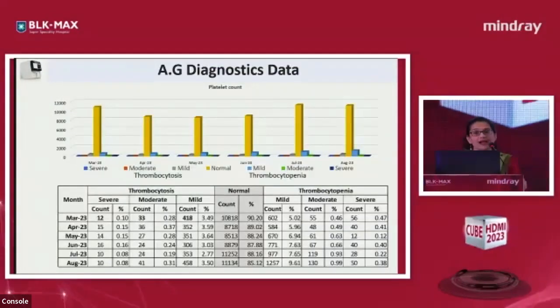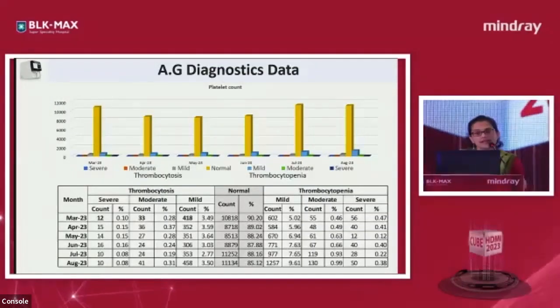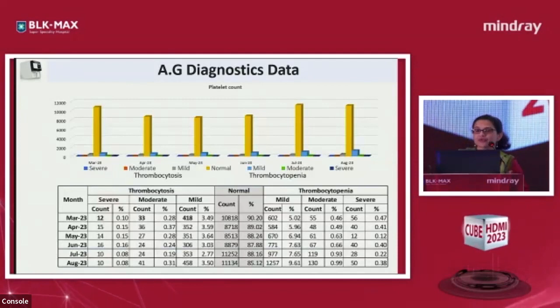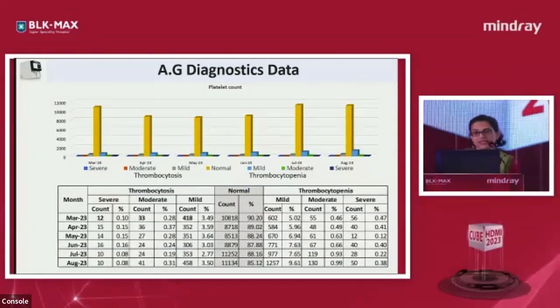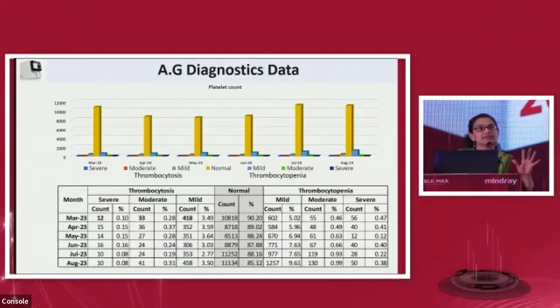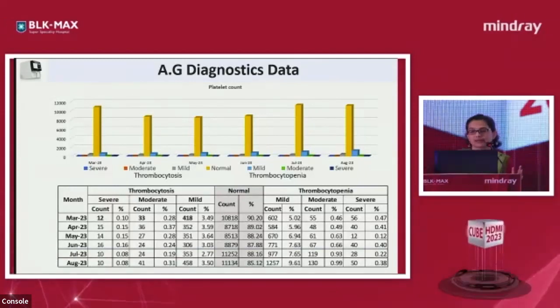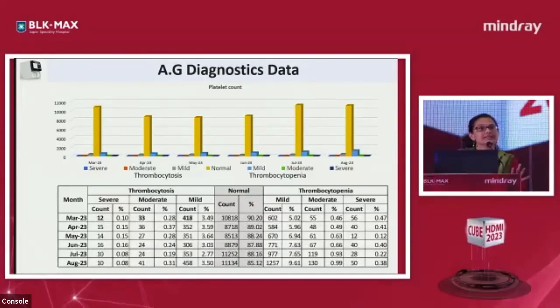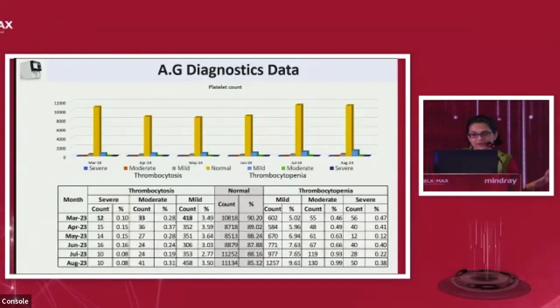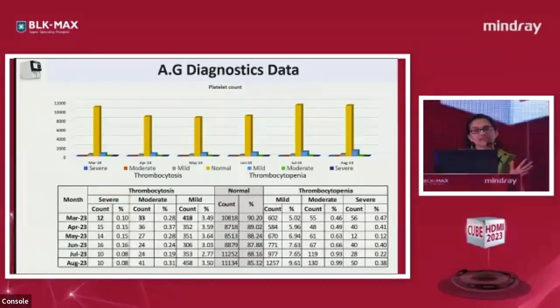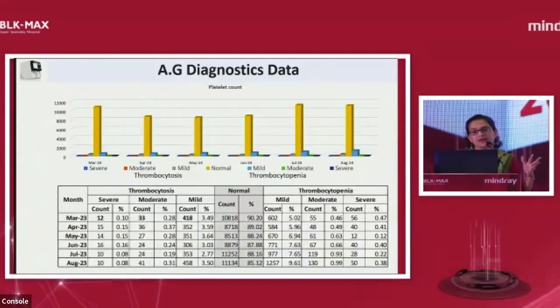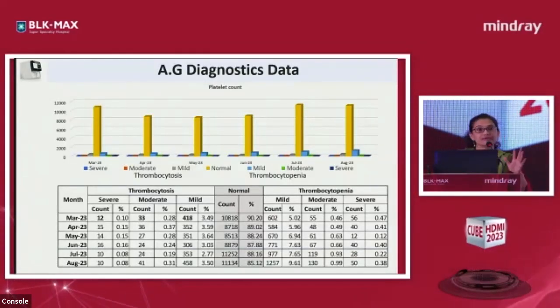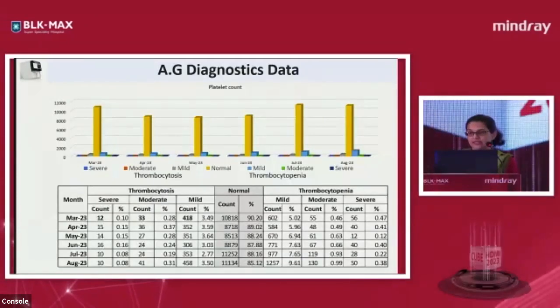I have captured this data for platelet count over the last 6 months in our laboratory so that you will understand the profile of our patients. If you can see, nearly 88 to 90% of our patients fall into the normal range, and moderate to severe thrombocytopenia or severe thrombocytosis accounts for less than 2% of the cases.